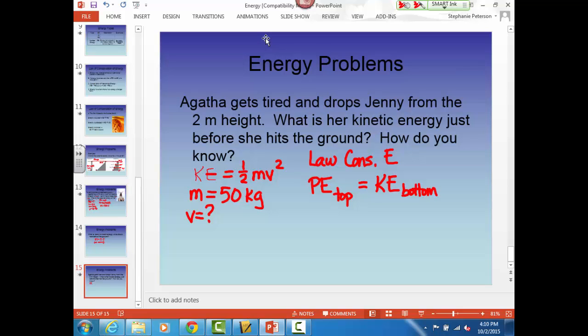Because remember, if she's on the ground, she doesn't have any potential. But she's moving just that split second right before she hits the ground. So whatever potential she has at the top has to be equal to the kinetic that she has at the bottom. And you might remember from 2 questions ago, the amount of potential energy at the top, which is equal to the kinetic energy at the bottom, we calculated earlier was 980 joules.